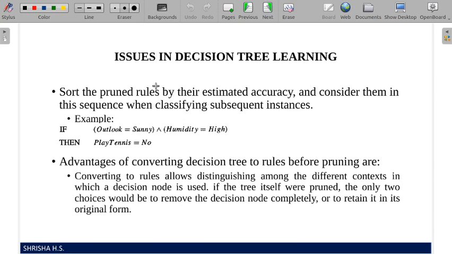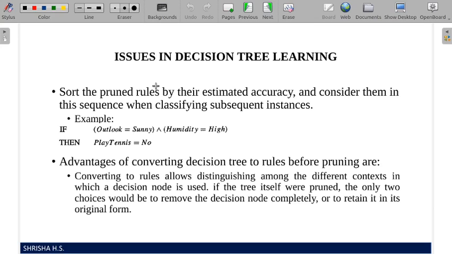We'll see here: if outlook equal to sunny and humidity equal to high, then play tennis is no. We can see that in the decision tree. That's one path. Outlook equal to sunny, humidity equal to moderate, then play tennis equal to yes. That's another path.